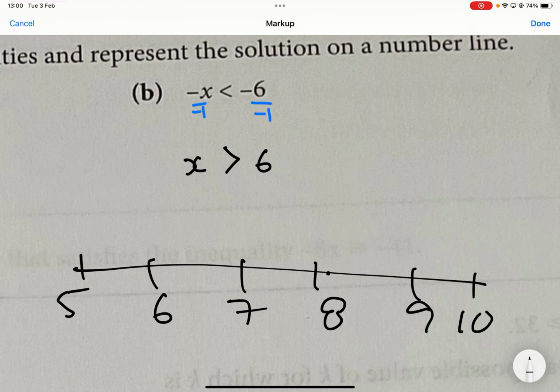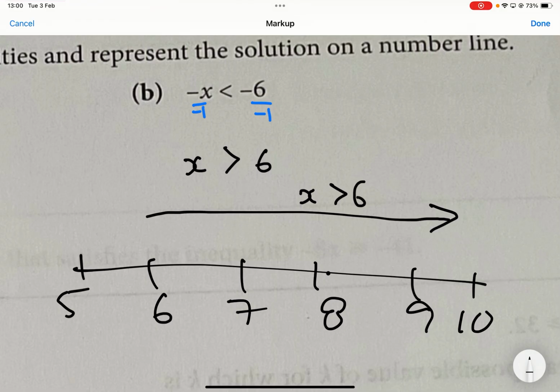Then to represent my answer, I want numbers that are larger than 6. So I go to 6 and I draw one arrow. This arrow will include all the numbers that are larger than 6. Then I put my x over here and say that x must be larger than 6.